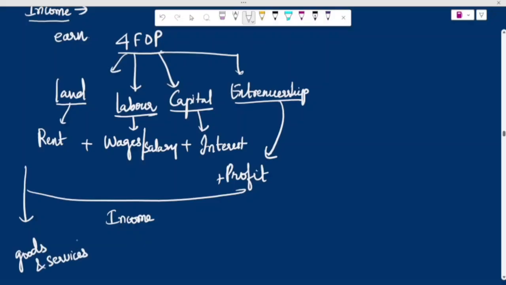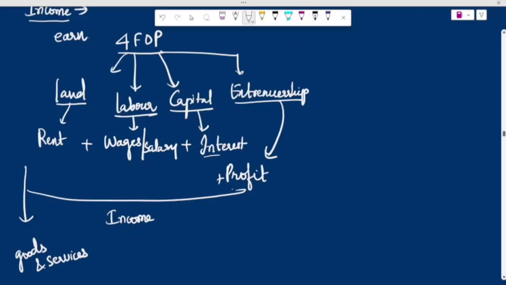Or if you are investing in that factory for buying some machines or for skilling the people, social capital, for that you'll be getting some interest. It means that you'll be getting a future stream of benefits. And entrepreneurship, if you use your brain and can sell these products, you'll be getting profit or loss, which is called income.